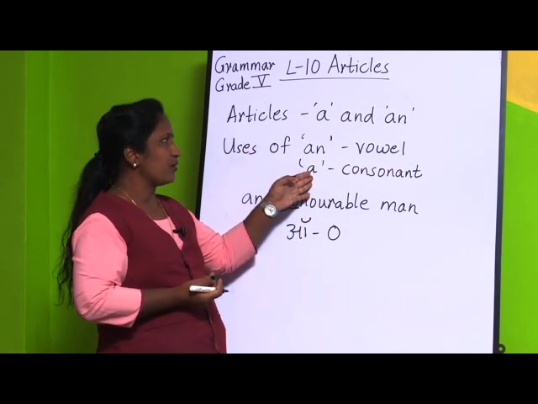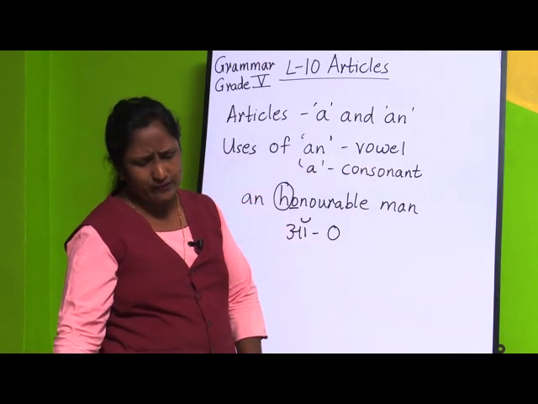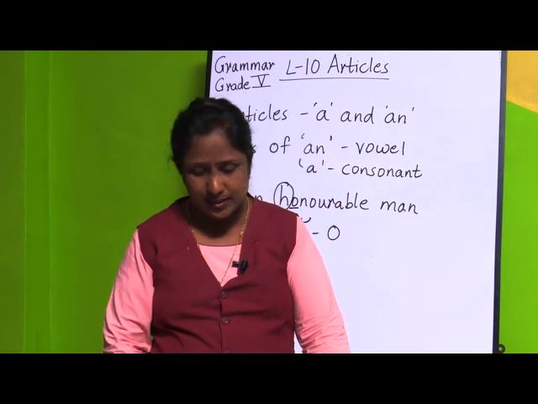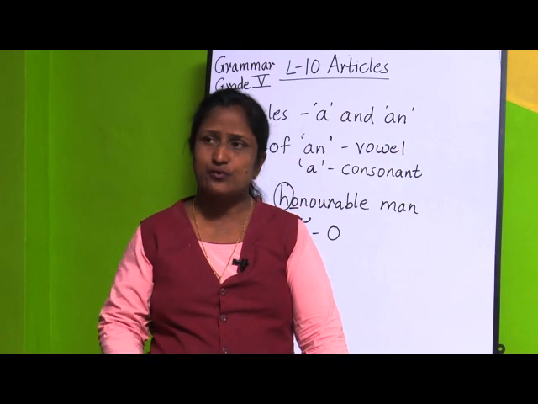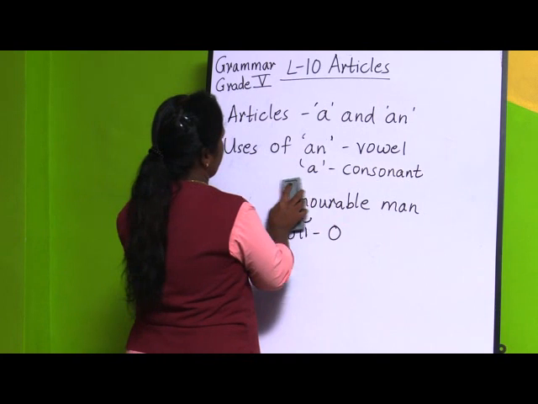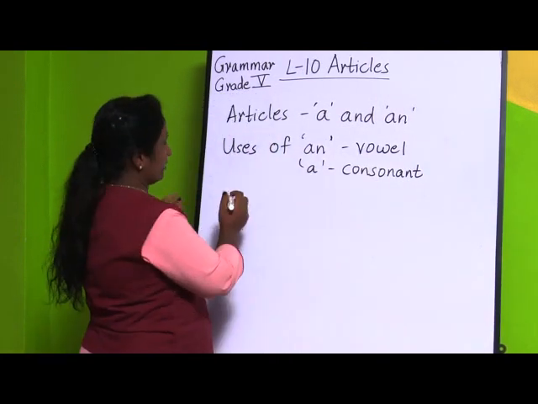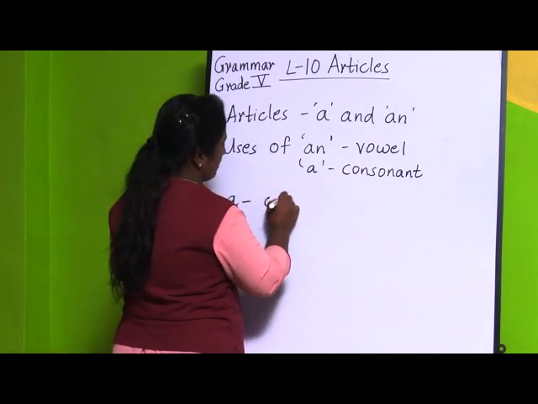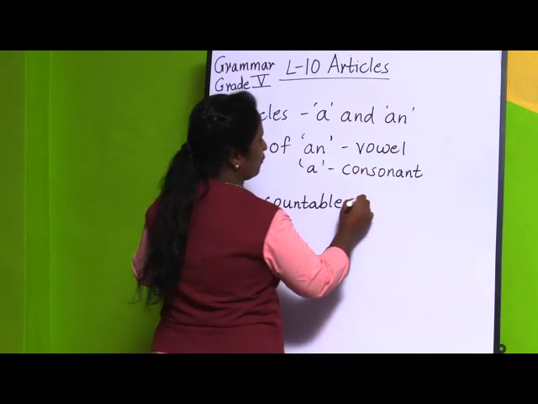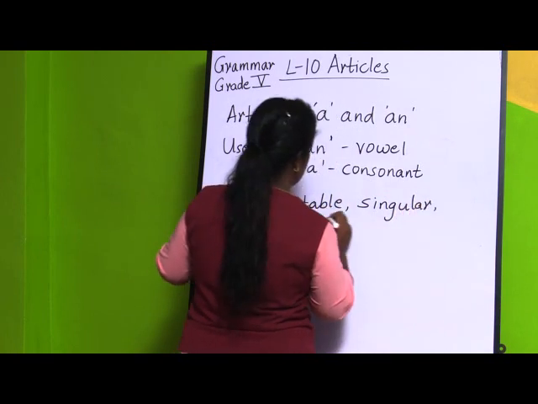Okay, children. So a for consonant and an for vowel. I think you have understood till here. Therefore, a is used with countable and singular nouns beginning with a consonant sound. So what are the three things? When we use the article a: countable noun, singular noun, and consonant.